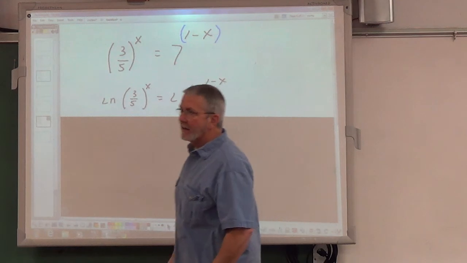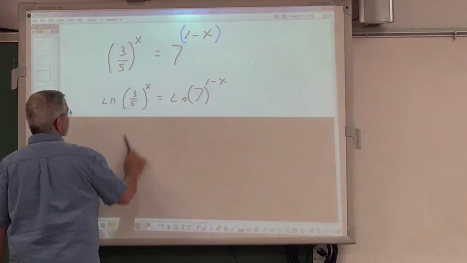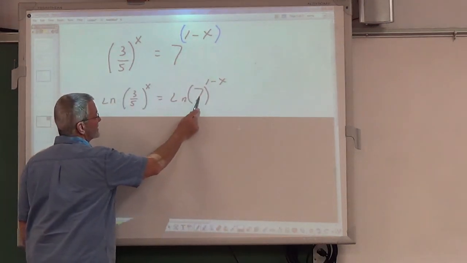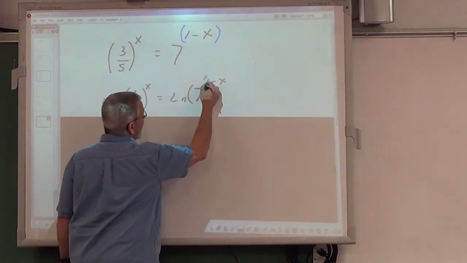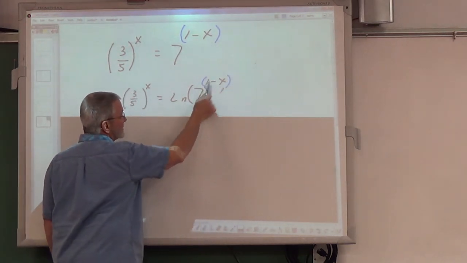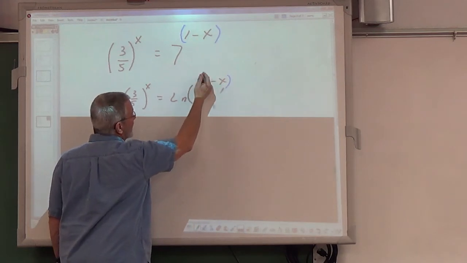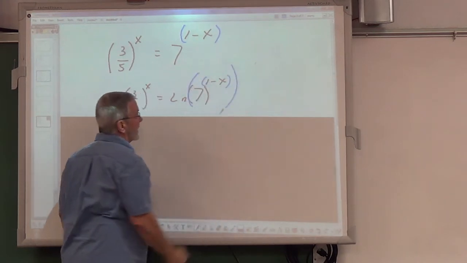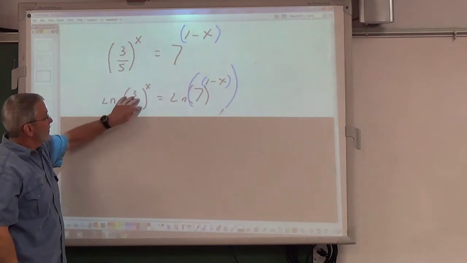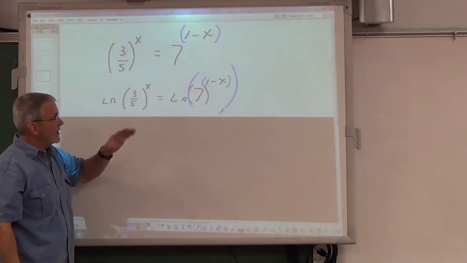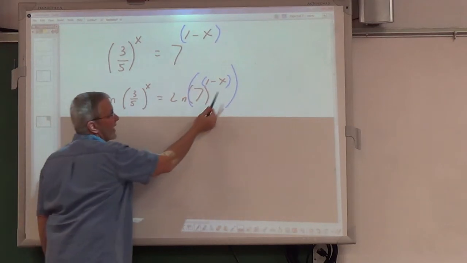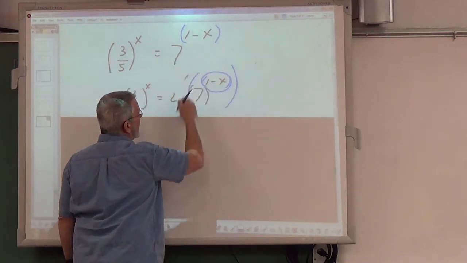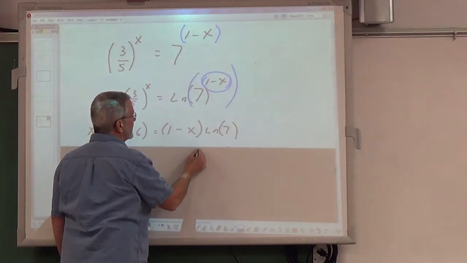So now I have the ln of 3/5 to the x power is equal to ln of 7 to the 1 minus x power. This is 7 to that power. So I'm ln'ing that creature right there. And I'm ln'ing 3/5 to the x. That tells me that I can use that property and put this guy down here in front, and I can put this whole creature down in front of ln of 7.